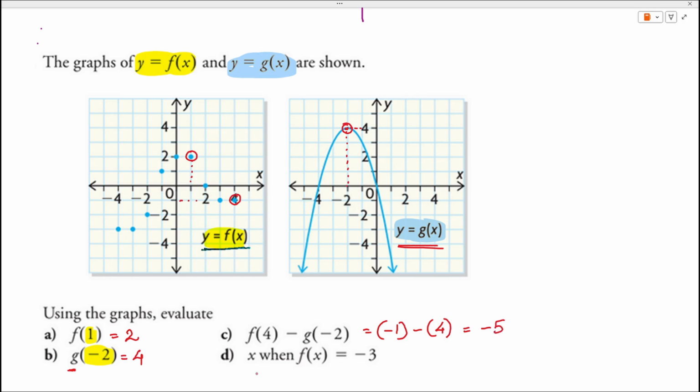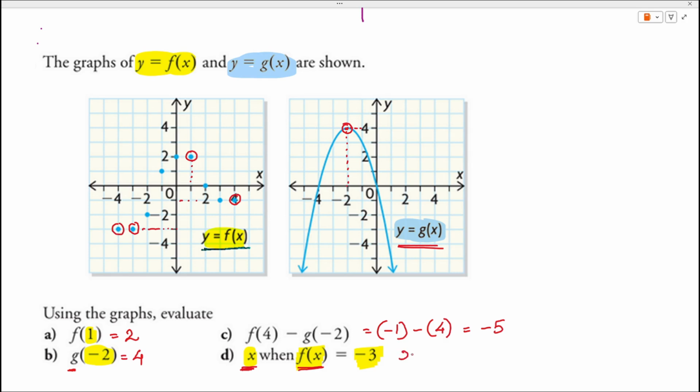Now this one is a little bit different. It is asking us to calculate the value of x when f of x is equal to -3. This means they are telling us to calculate x when y is equal to -3. So we go to the f function when y is equal to -3. When we check this out, we have two different values of x.